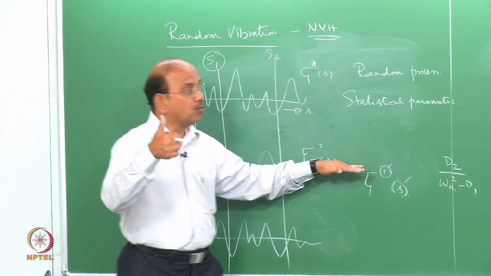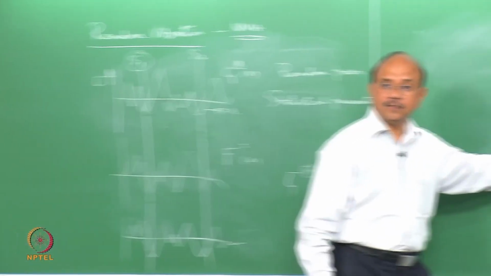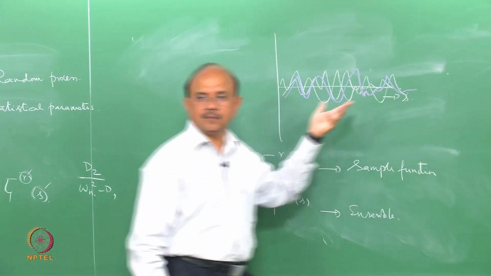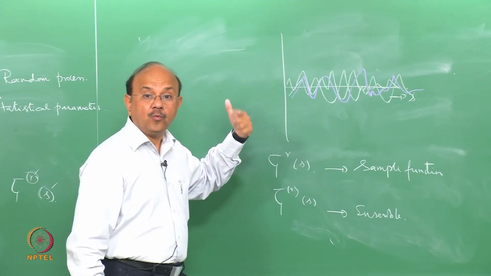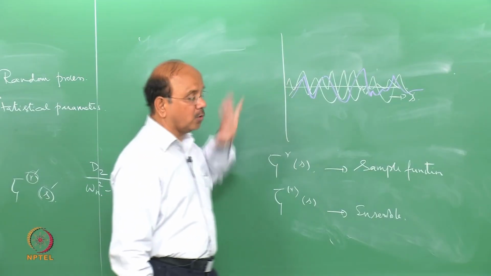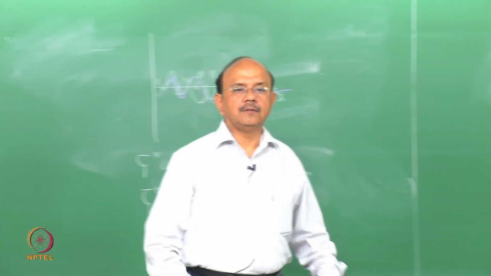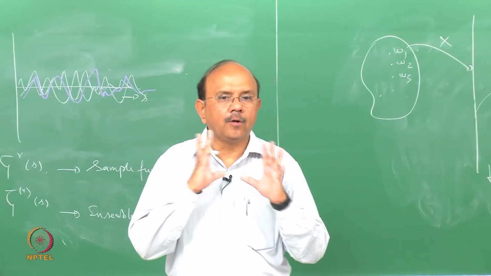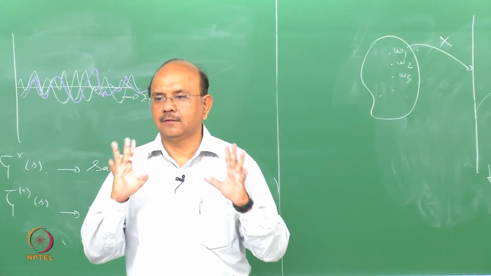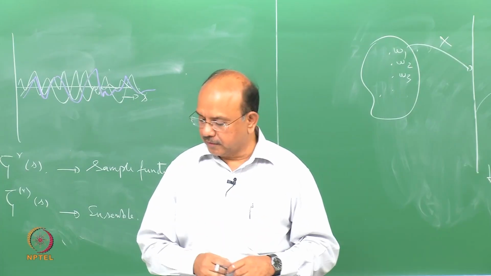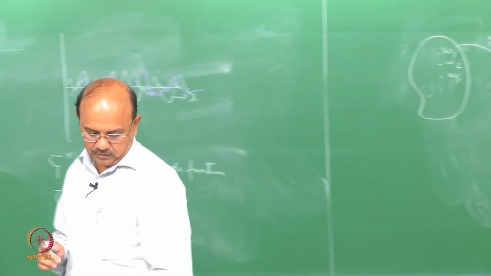In other words, in one of the sample functions they are not constant, they are varying. So that shows how it varies, and it also varies across roads. Now, how do I study this? That's the whole process, the random process. So what are the statistical parameters that I can use?